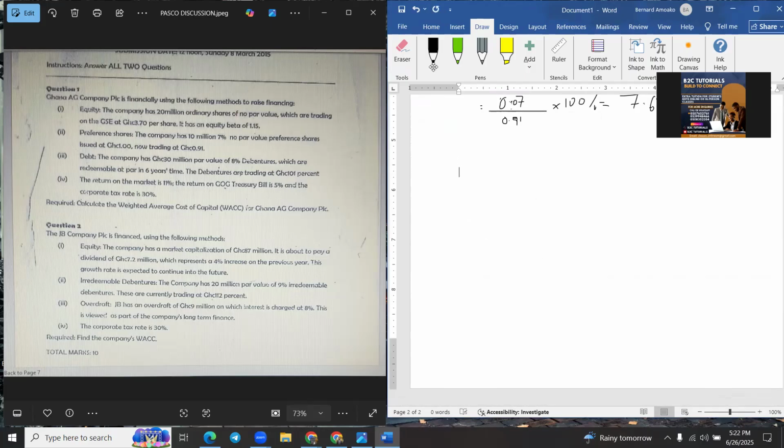To find the cost of the redeemable, this is a redeemable debt, RD. So KRD, the cost of redeemable debt.